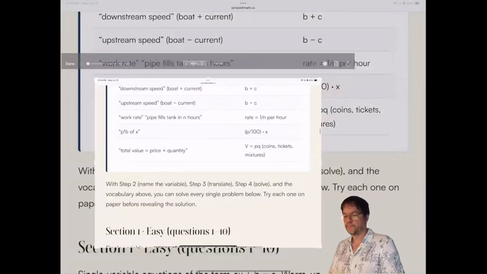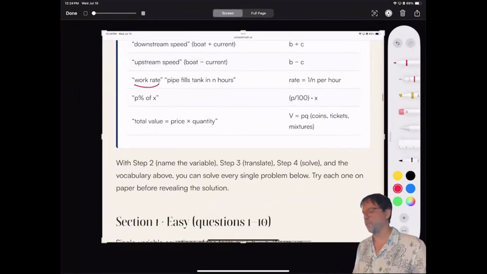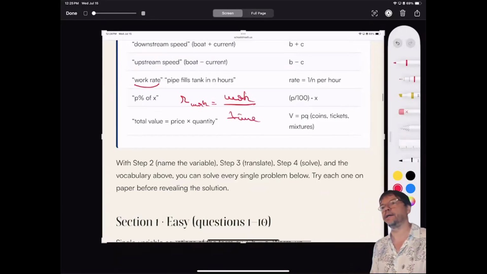Okay. We have a special chapter for this, work rate. The rate of a work is how much of the work you build, doing the work, over time. Okay?